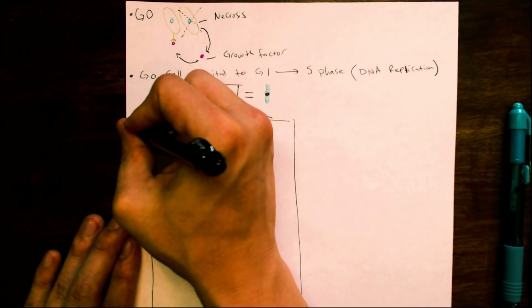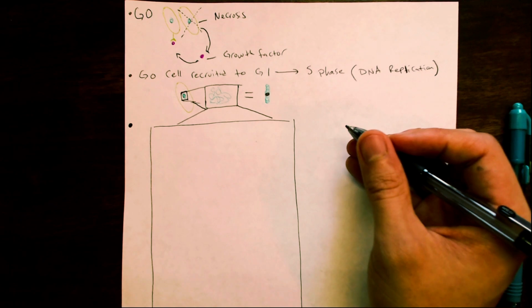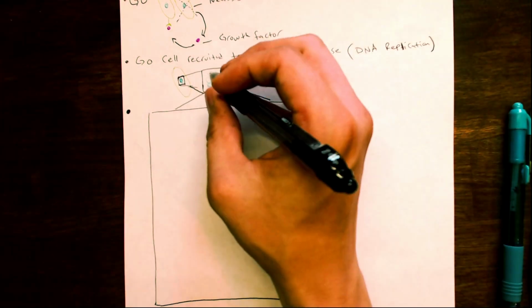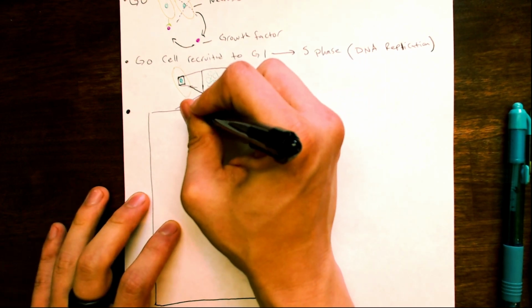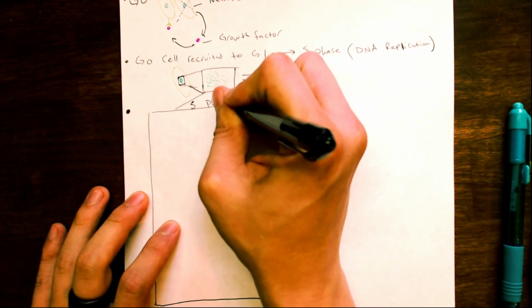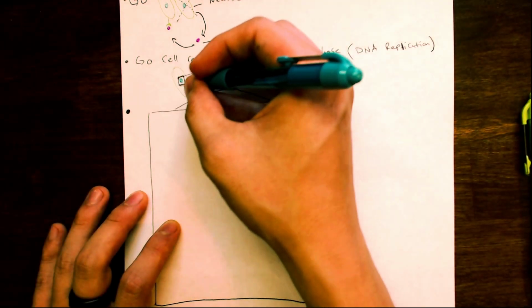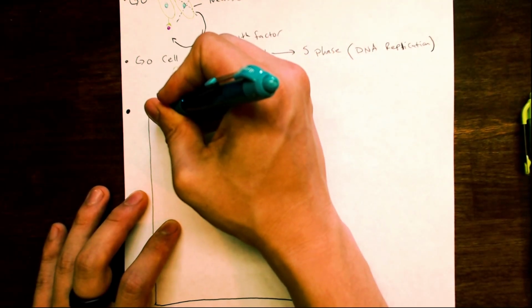So now let's draw what's happening to the single chromosome during S phase. I'll just write it up here, S phase. Alright, so let's draw some DNA.